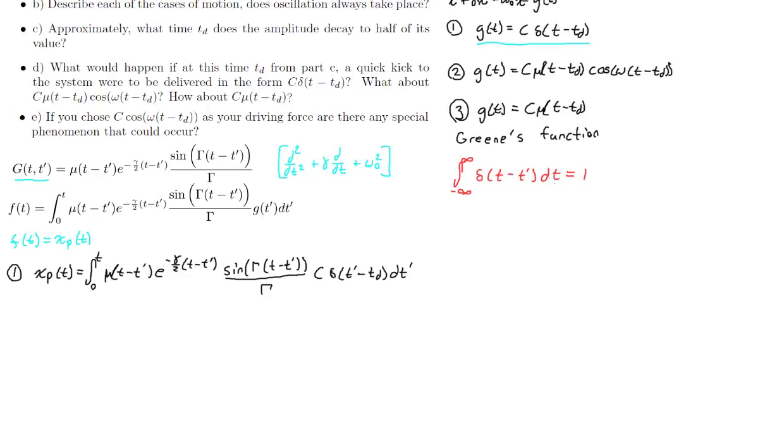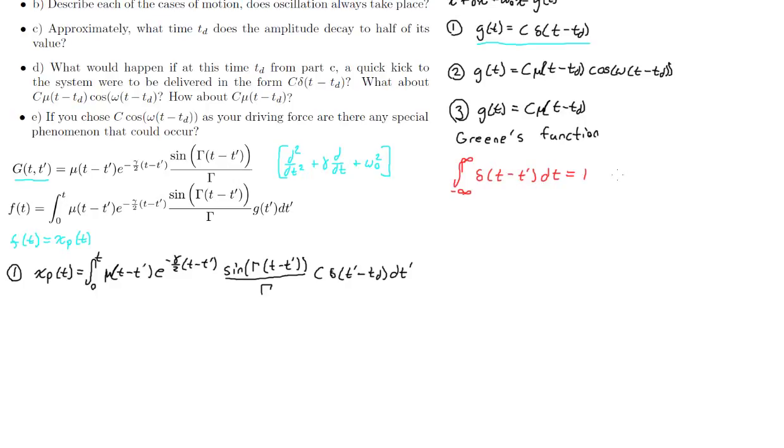This is equal to 1, provided that t prime is finite, then we can guarantee that it's in this interval. But this could be a finite interval. This could be the integral from a to b of the Dirac delta function of t minus t prime, and as long as we have t prime in between a and b, this would still be true. So that's one property.